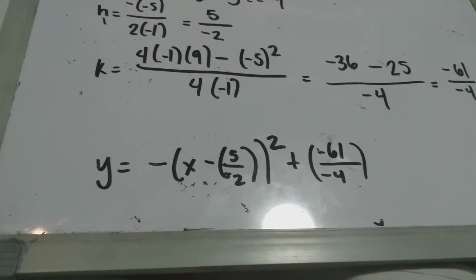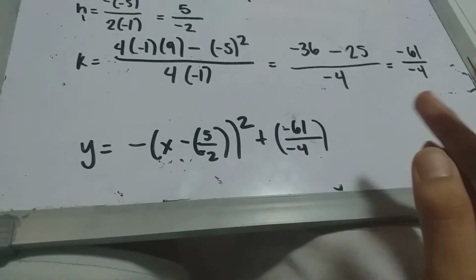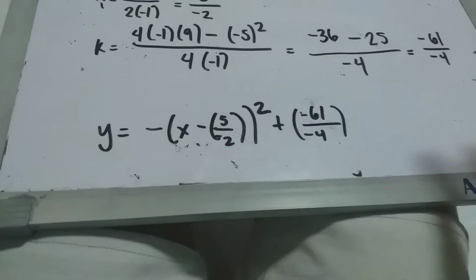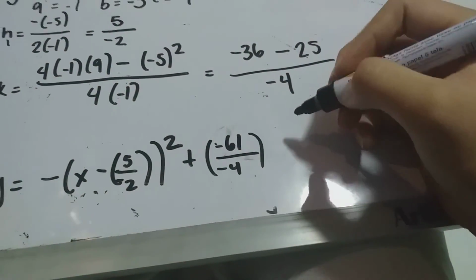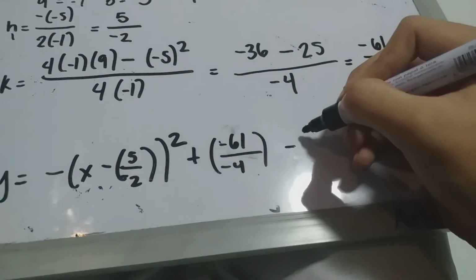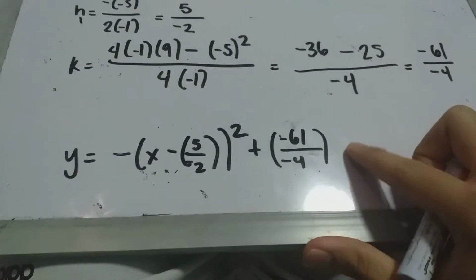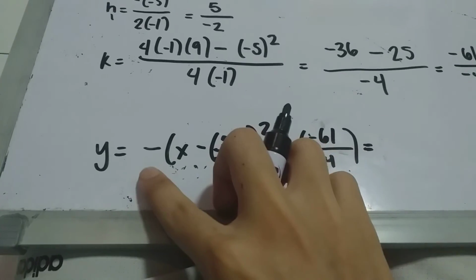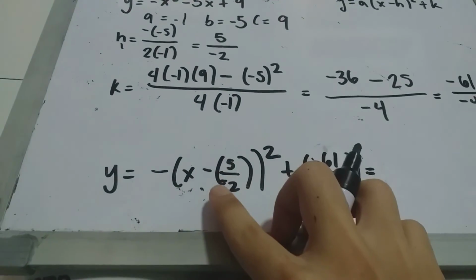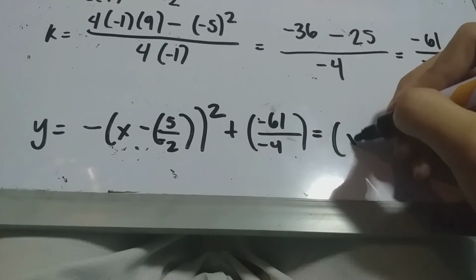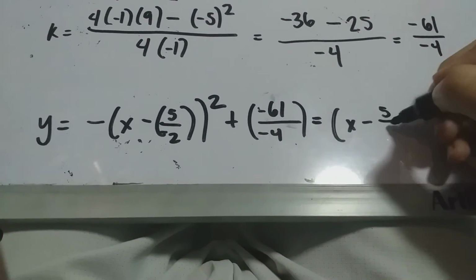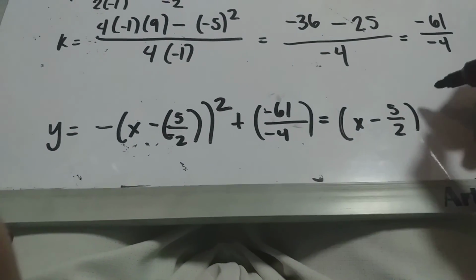Then just distribute the signs. We have here a negative and a negative. Actually, after you do that, if the first parenthesis is a negative, you again distribute the sign, so it still becomes a negative x minus 5 over 2, squared.